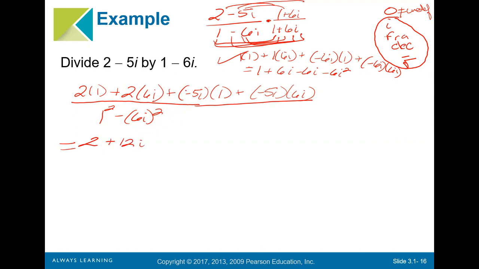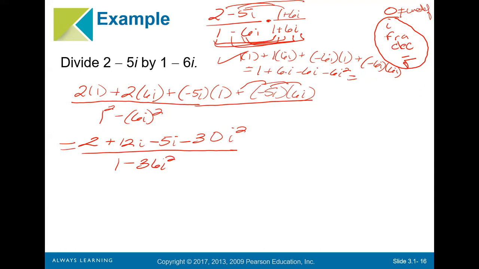I have a positive, negative. Positive times that negative is negative 5i times positive 1 is a negative 5i. Then I have this positive times that negative 5i times a positive, so we know it's negative. And then I have 5 times 6 is 30, and then i times i. On bottom, I have 1 squared is 1 minus 6 squared is 36, and i squared.